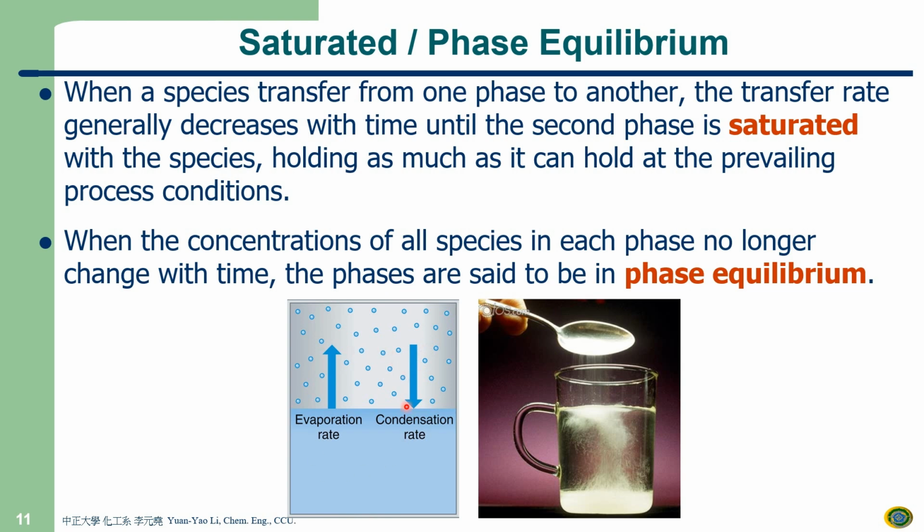So this is called phase equilibrium. Okay, this is gas-liquid phase equilibrium. This is solid and liquid equilibrium. So when the concentration of all species in each phase no longer changes with time, the phases are said to be in phase equilibrium.